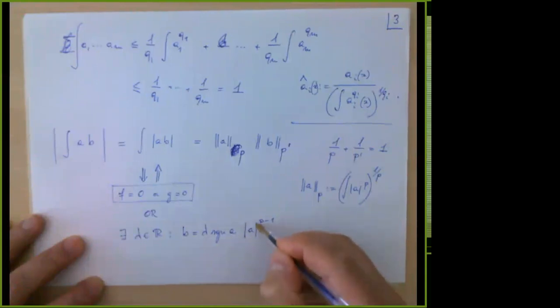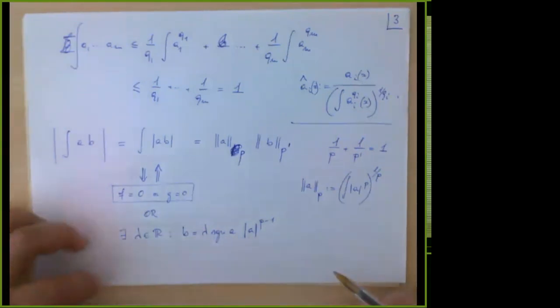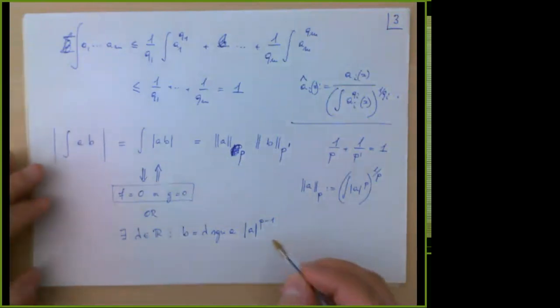This should be interpreted simply as pointwise, okay? So B of x equals lambda sine of A(x), so I don't write the x all the time. When we have this type of expression for functions, it always means pointwise. Okay, so the proof is not difficult, but it is not entirely trivial.